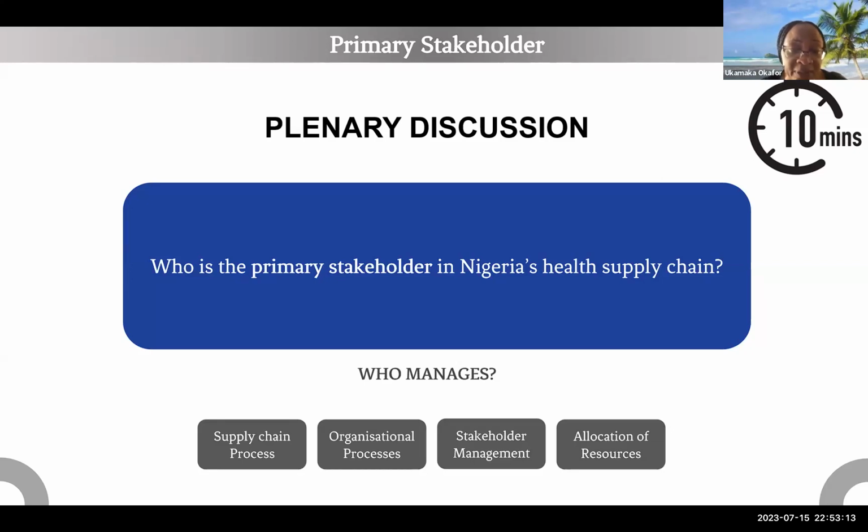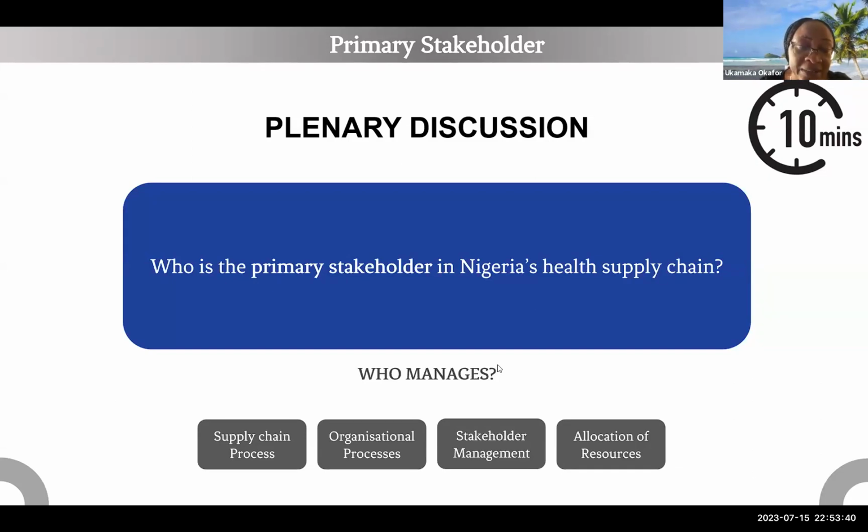Like in the supply chain process, you will talk about the primary stakeholder, then the organizational process, those that are in charge of the administration, the finance functions, and then the stakeholder management of the human resource management and others, and then the allocation of resources. So it depends on the particular place that you're talking about, who is managing what.